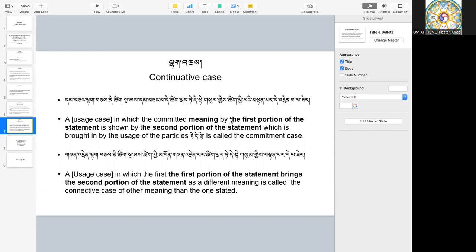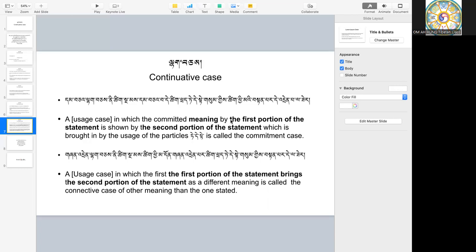And in that particular type of statement, the first portion makes the commitment, and the second portion is the committed portion, the information which was committed to be provided, and they are brought in or connected by the particles te.